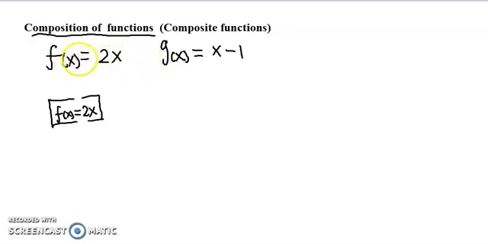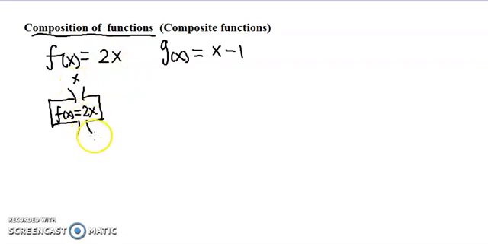Maybe we can start with the f function. When we put a number in here, say x, the input is represented by x and the output is represented by 2x.